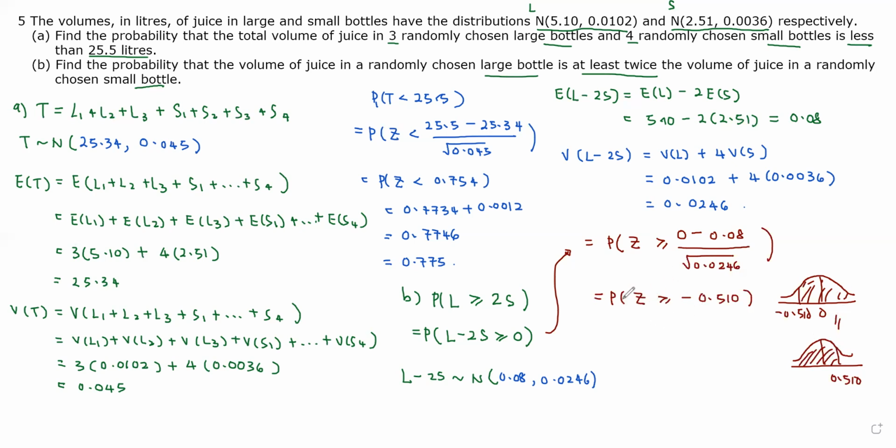So instead of finding the probability that Z is greater than or equal to negative 0.510, we find the probability Z less than 0.510. And we can obtain this value directly from the standard normal table, which is 0.695.